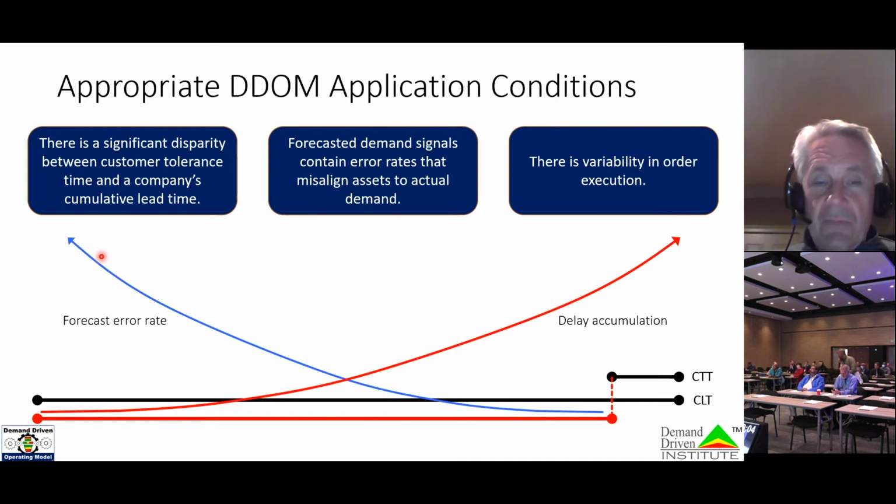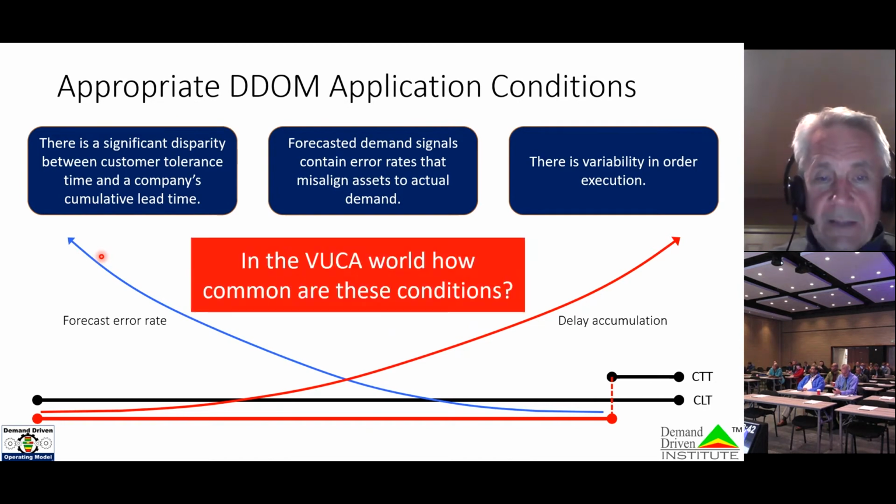So we've got two things working against us. One is a big gap between cumulative lead time and our customer tolerance time, leading to forecast error generation. And as well, from an execution standpoint, the longer that chain of events with no decoupling, the more delays we're going to experience from the variation that occurs in any given process.